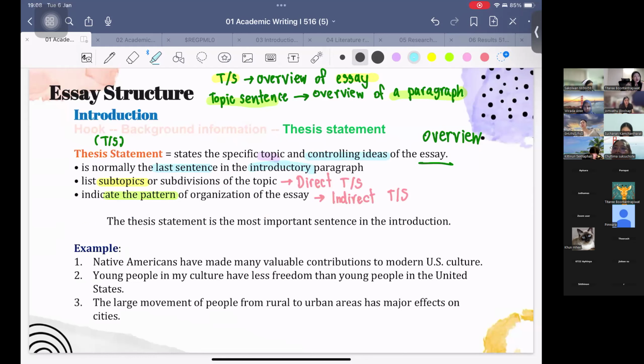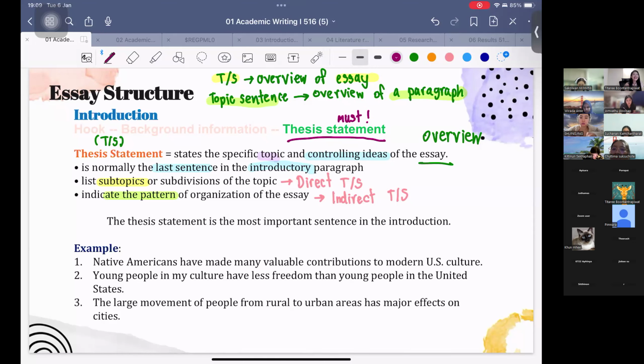which is, for the introduction, the hook is definitely a must. Background information would be optional. The thesis statement is a must. If you're writing an essay, the thesis statement is the verb. We need this. This is the most important thing in the essay, because the thesis statement provides an overview of your essay.